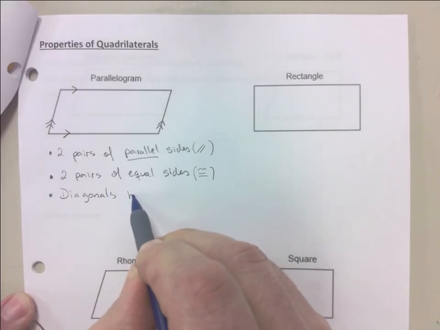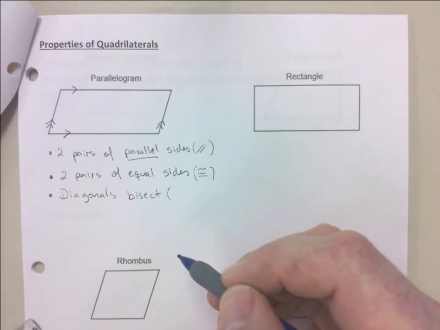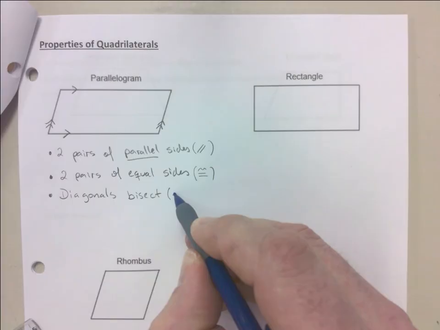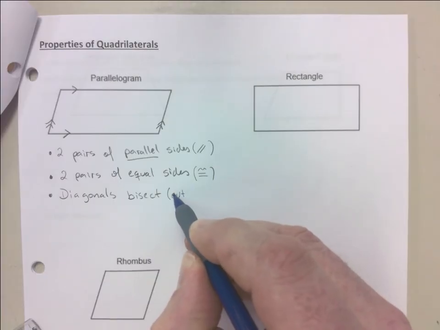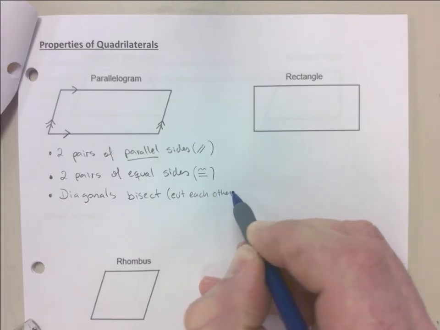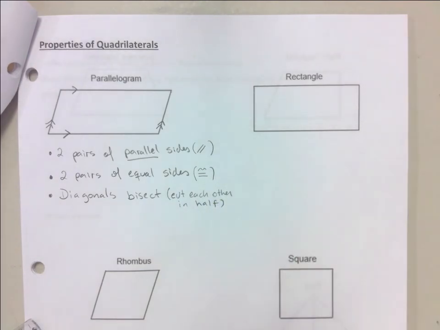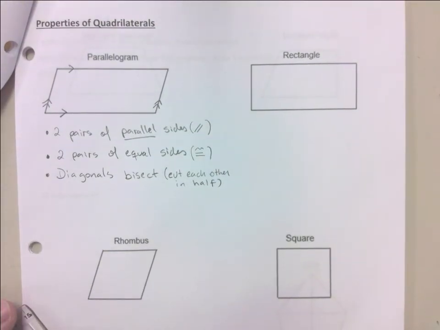Another property is that diagonals bisect. What does that mean, bisect? Cut each other in half. Cut each other in half. Okay?